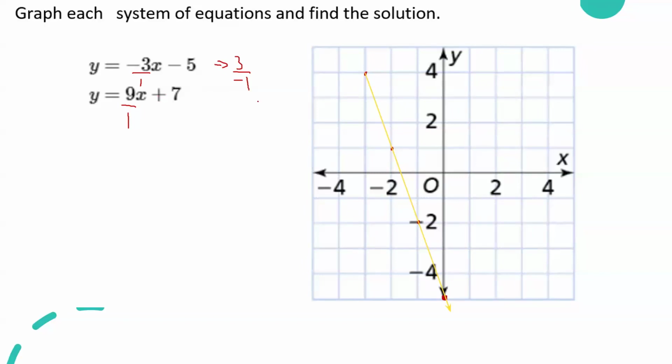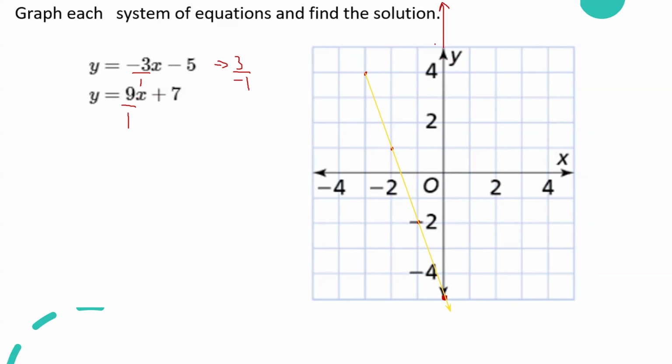Now I'm going to do the second one. If you look at this equation, my y-intercept is 7. If you look at this Cartesian plane, I don't have a 7. But what you can do is extend it a little bit so you see where your y-intercept is.